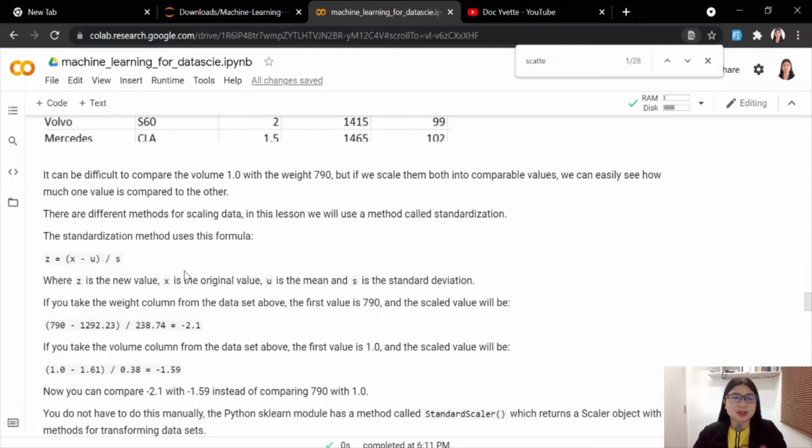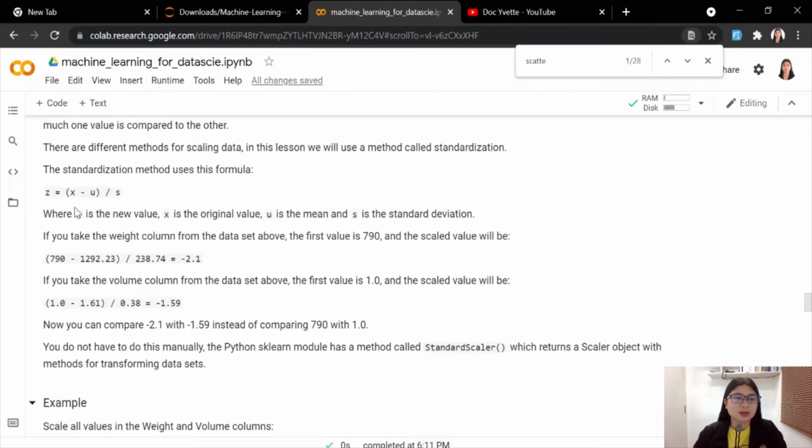In this lesson, we will use a method called standardization. The standardization method uses this formula: z is the new value, x is the original value, u is the mean, and s is the standard deviation. If you take the weight column from the data set above, the first value is 790.